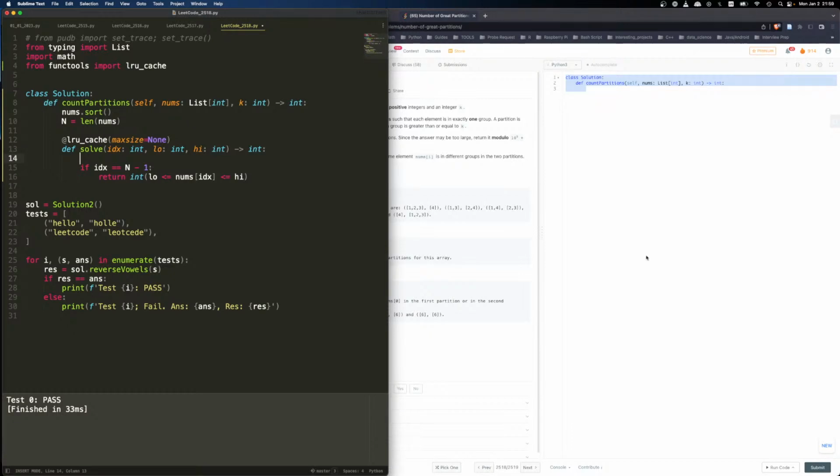But if it's smaller, that's not going to work. If it's smaller, that's going to be 0. So we can do 0. And on a high, what if high is also smaller?